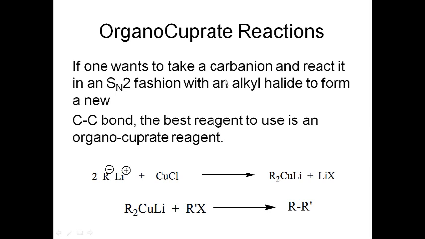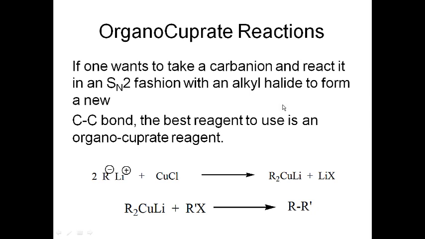This led to the development of what are called organocuprate reagents, or organocuprate reactions. Your book has the specific person's name associated with it, which I believe is the Gilman reagent or the Gilman reaction. Gilman did a lot of things, and this is just one of them.